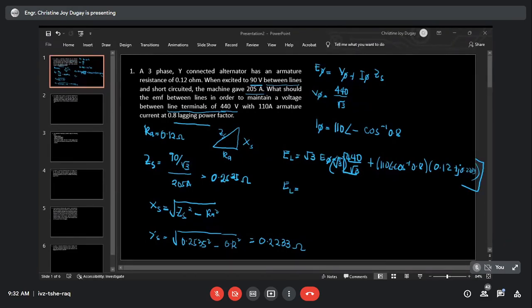Okay, type nyo lang sa chat box po natin kung anong sagot. Mali po ako sa impedance. Okay, so baka talagang hindi lang maganda yung sulat ko. So that is 0.2233, if you're going to put that into your calculator.